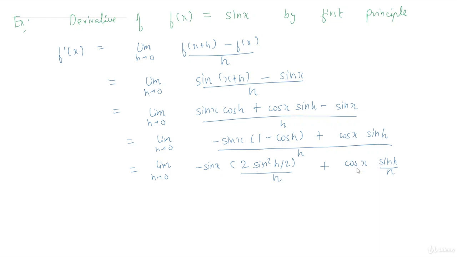So by the algebra of limits, we can write it more clearly. By the algebra of limits, we can substitute limit in this also and this also. So let's make this more clear here.